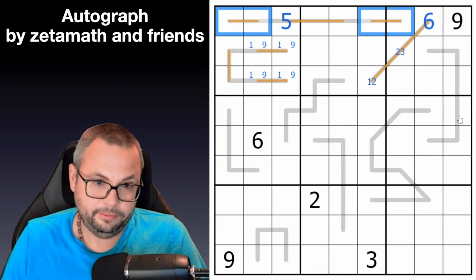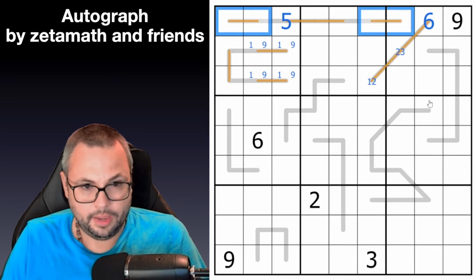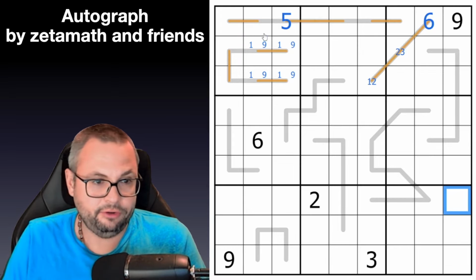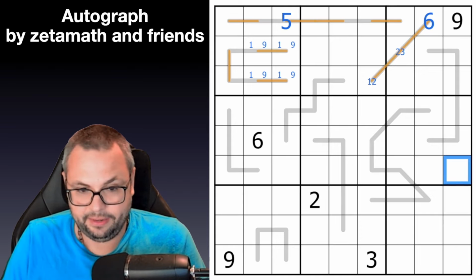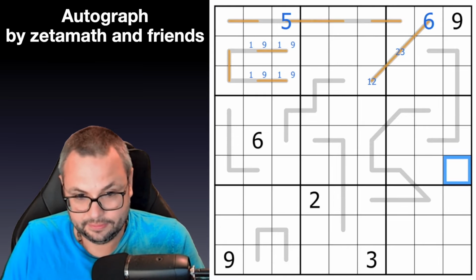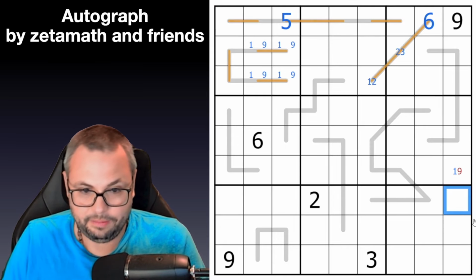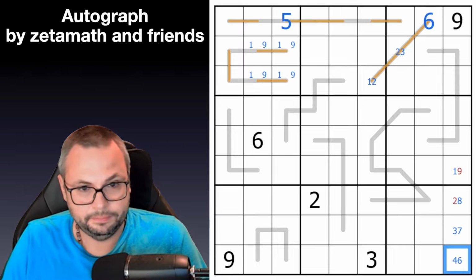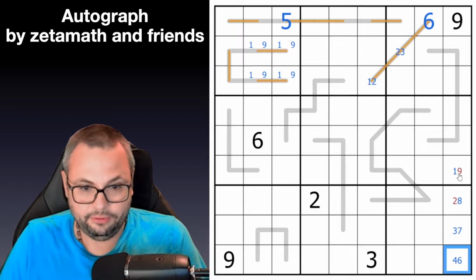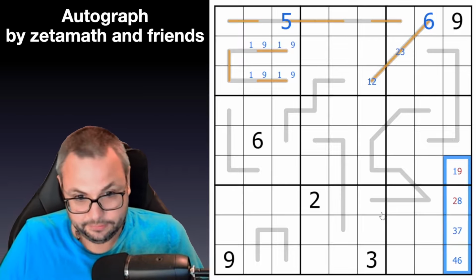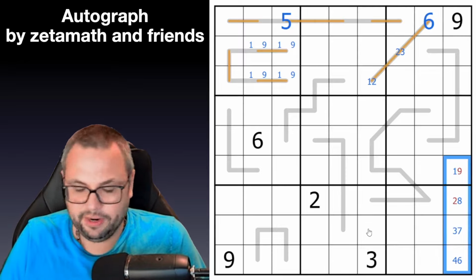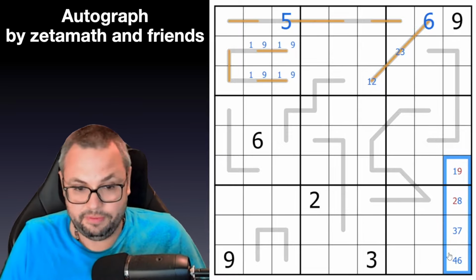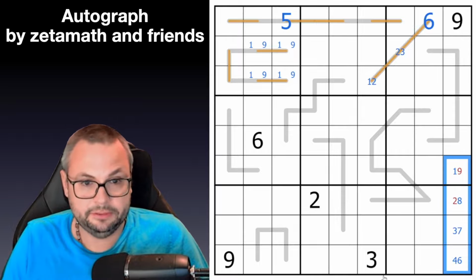So what are these? Well, it's worth noting there's really 4 ways to make 2 cells that see each other sum to 10. They could be 1, 9. They could be 2, 8. They could be 3, 7, or they could be 4, 6. Those are the only options. And if you've done an XV Sudoku before where you deal with 10 sums, you'd be familiar with these 4 options.